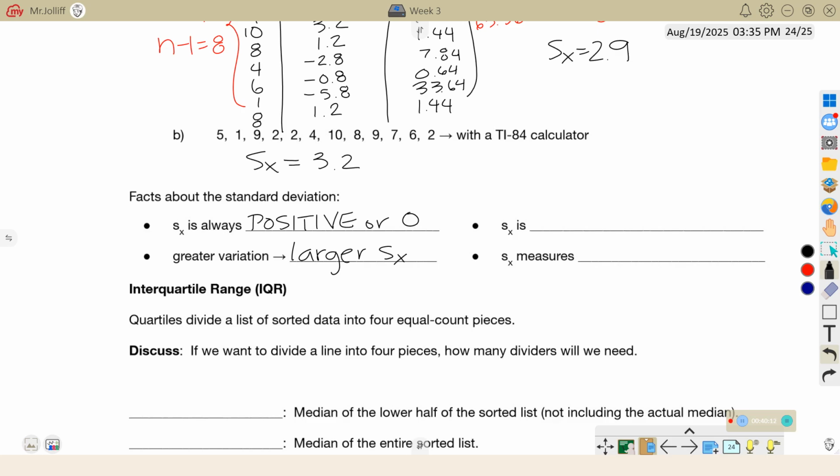You will only get 0 as a standard deviation if there is no spread, meaning on a dot plot, every single data value is in the same place. That would be no variation. That does not happen in reality. You should not be getting 0 standard deviation for any data we use this year. You're not going to see a single graph where everybody had exactly the same answer.